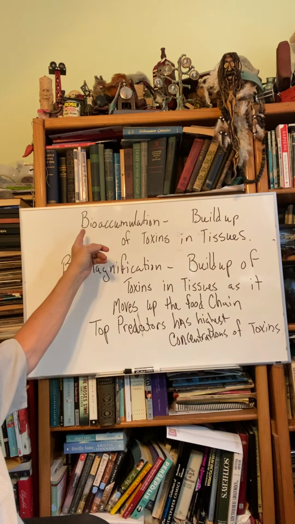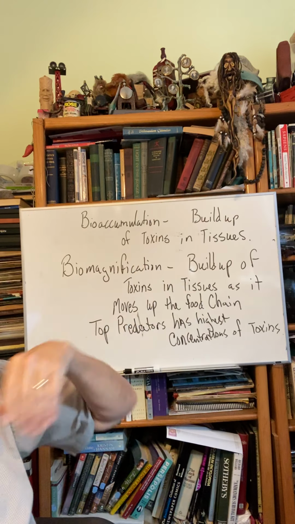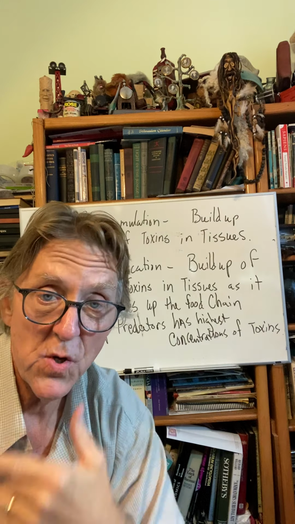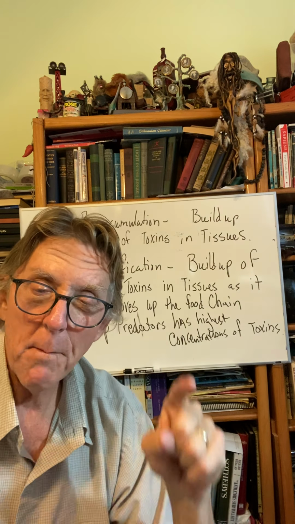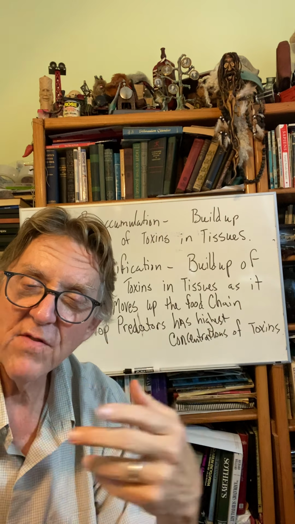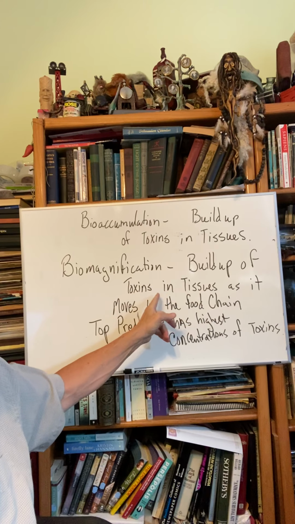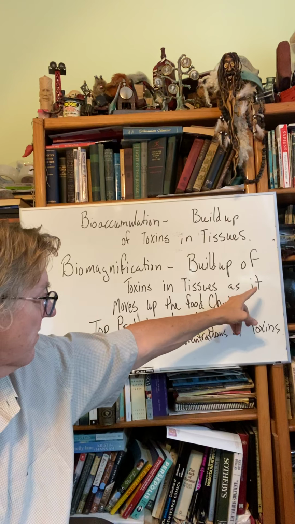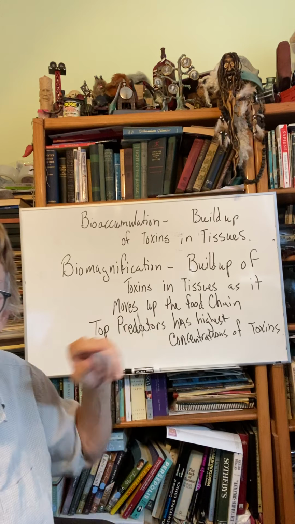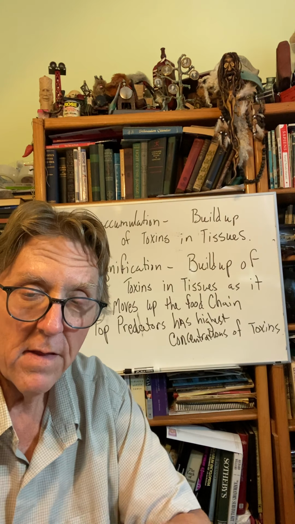So bioaccumulation is the buildup of toxins in an individual's tissues over the course of its life. Now, biomagnification has to do with who's eating whom, basically. This is the buildup of toxins in tissues as it moves up the food chain.